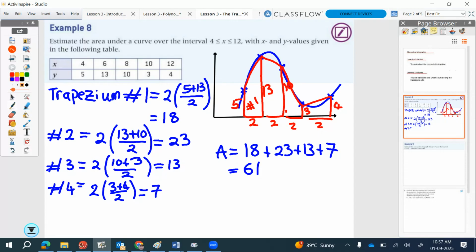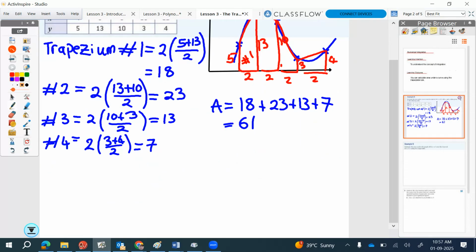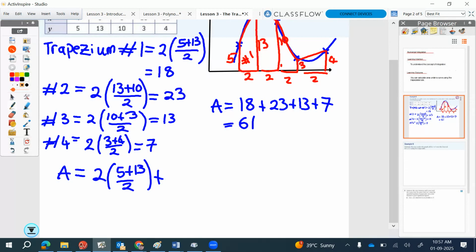What we're going to do now is build towards the formula by looking at the calculation we just did. This calculation for the area was the sum of all of these. So where did the 18 come from? It comes from that first trapezium, 5 plus 13 over 2. And this 23, where did that come from? Second trapezium.